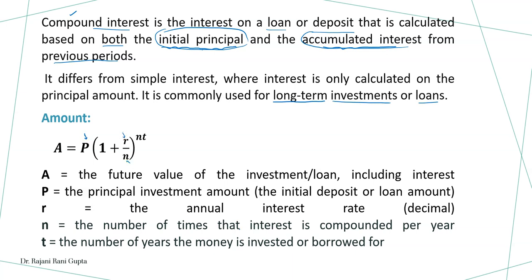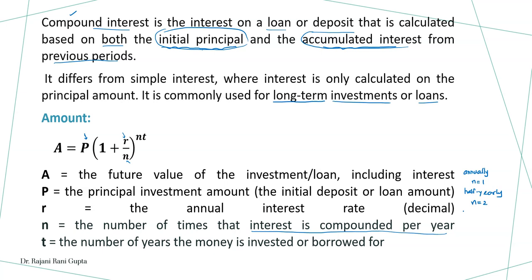N denotes the number of times that interest is compounded per year, because in some scenarios the interest is compounded annually. When the interest is compounded annually, we write N to be 1. Suppose the interest is compounded half yearly. In that case, N is equal to 2, because half a year means 6 months.